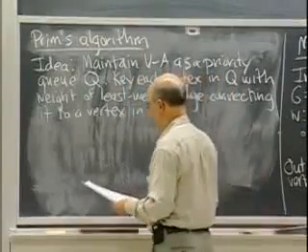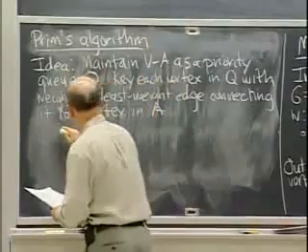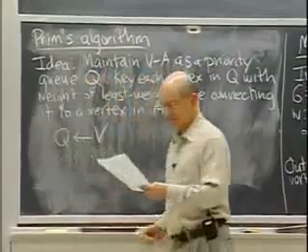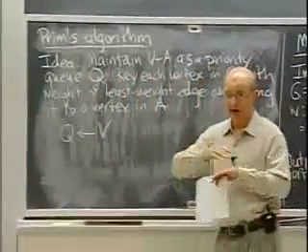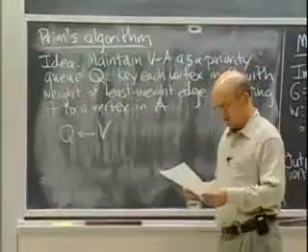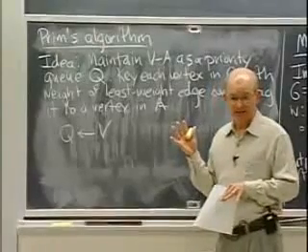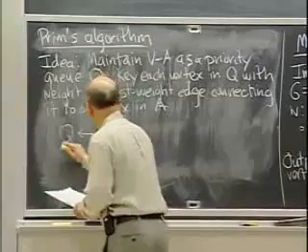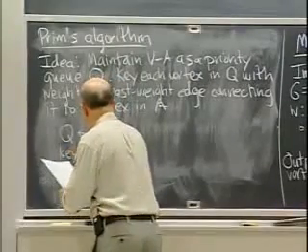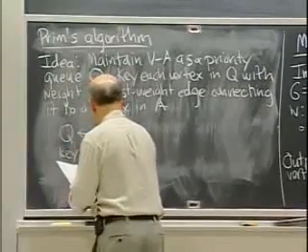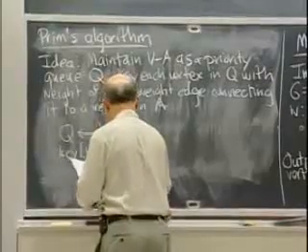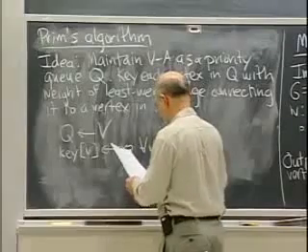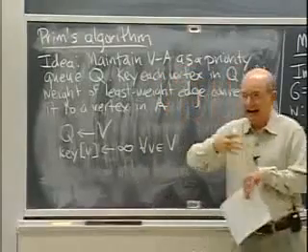So here's the code. We're going to start out with Q being all vertices. We start out with A being, if you will, the empty set. Okay? And what we're going to do is the least weight edge, therefore, for everything in the priority queue is basically going to be infinity, because none of them have any edges.